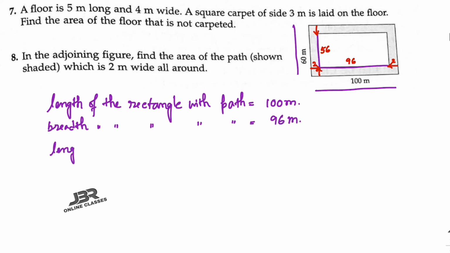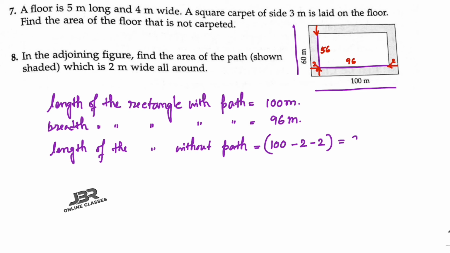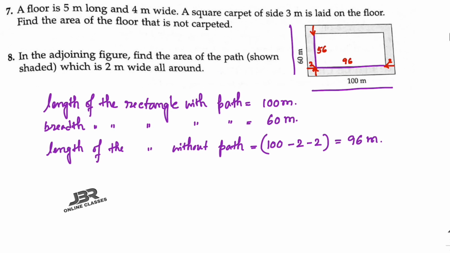Now next, length of the rectangle without path, that one equal to 100 minus 2 minus 2 and that one equal to 96 meter. And here breadth of the rectangle without path, 60 minus 2 minus 2 and that one equal to 56 meter.